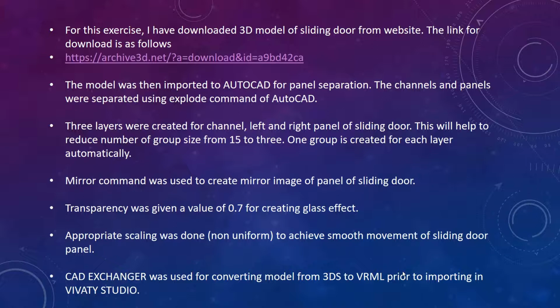Then if you need some changes, you can change it in packages like AutoCAD and 3D Max Studio. In this particular case, I have modified the model because both the panels were attached to each other. For separation of the panels, I have used AutoCAD.